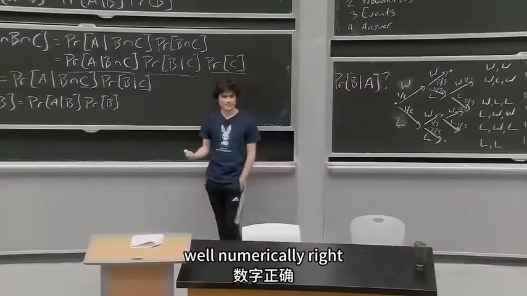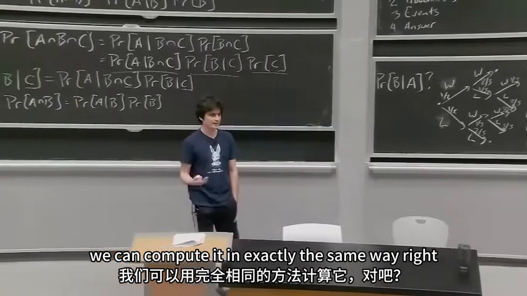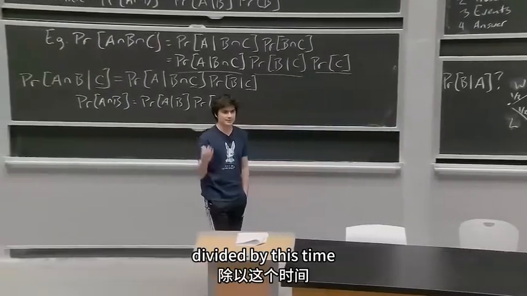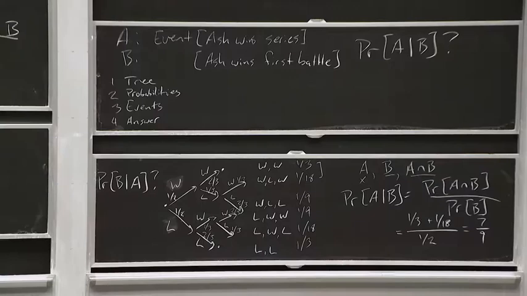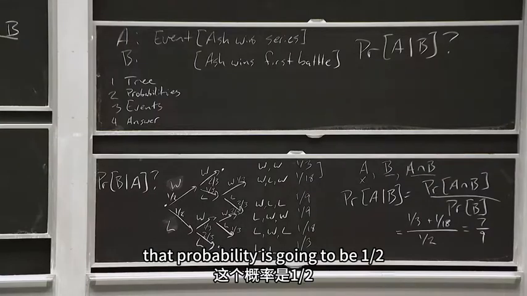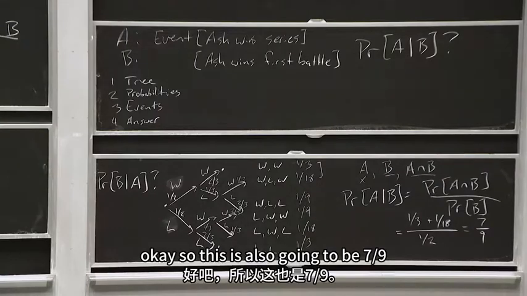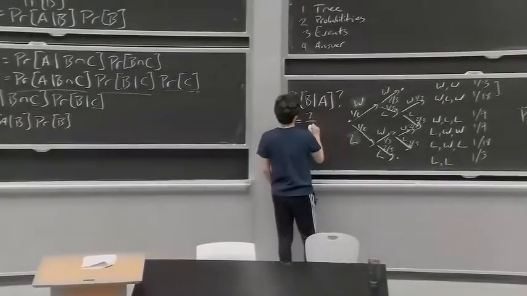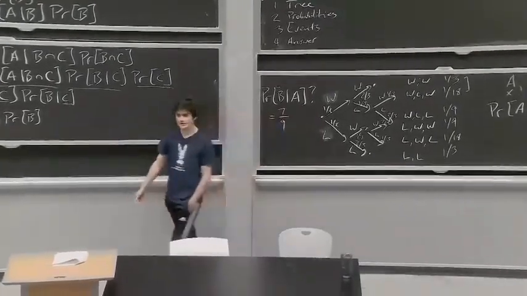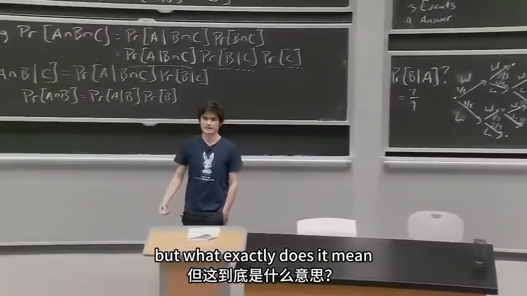Well, numerically, we can compute it in exactly the same way. It's going to be the probability of the intersection divided by, this time, the probability of A rather than the probability of B. But still by symmetry, that probability is going to be 1/2. Okay, so this is also going to be 7/9. But what exactly does it mean?